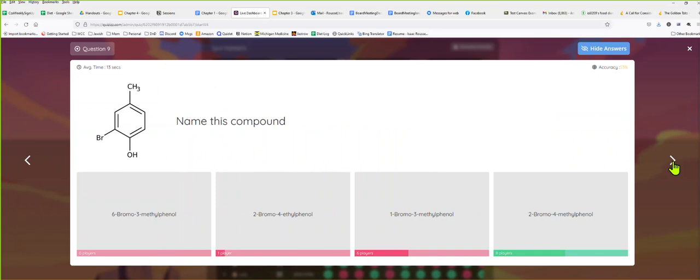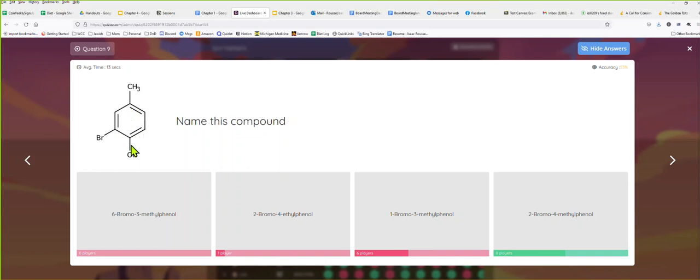Name this compound. So again, you're going to start with the OH here. So that's 2-bromo-4-methylphenol. Now, in this case, it is a phenol because you've got the double bonds in there.